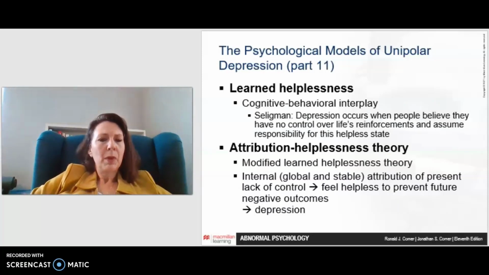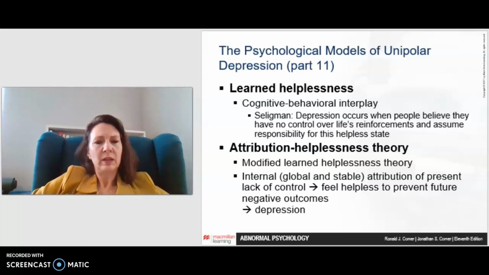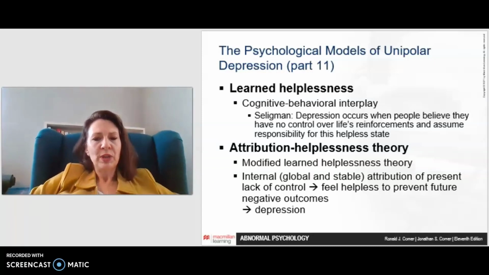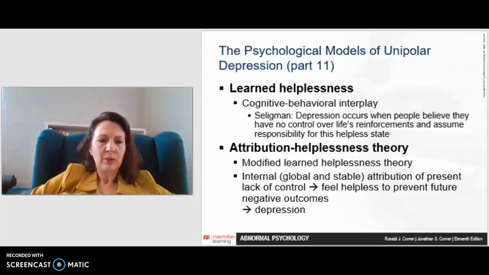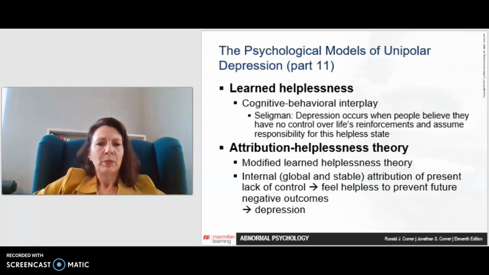Another model of unipolar depression has to do with the idea of learned helplessness, and Martin Seligman developed that. He stated that depression occurs when people believe that they have no control over life's reinforcements and assume responsibility for a helpless state. And the attribution helplessness theory that resulted from this research said that we have these internal attributions that are global and stable.